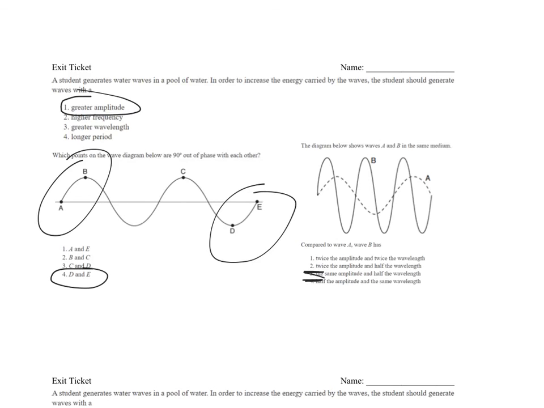Does it have twice the wavelength as A, or does it have half the wavelength as A? Well, it looks like B has a much tighter wavelength, a much shorter wavelength. It's narrower, it's more compressed looking left to right. So I think B is going to have half the wavelength. So it looks like it's going to be choice 2. B has twice the amplitude and half the wavelength.